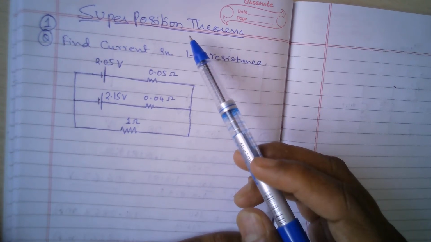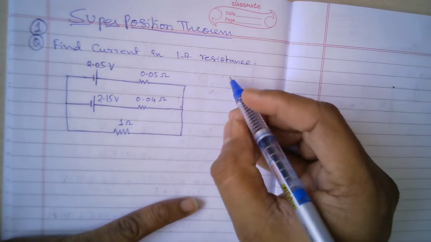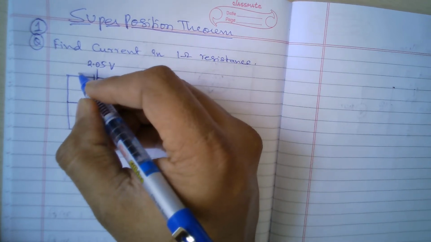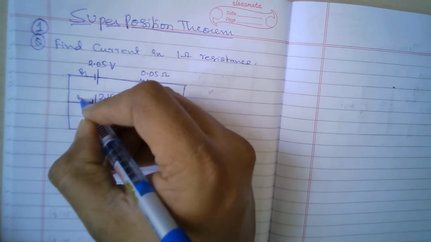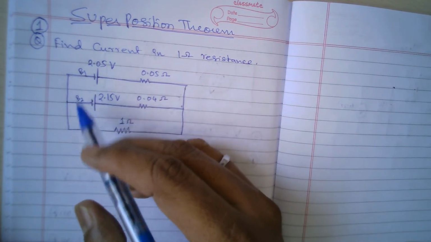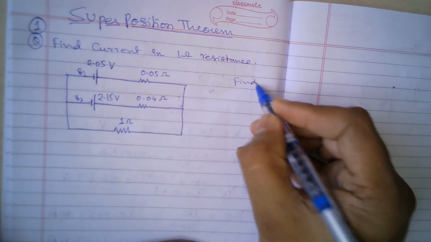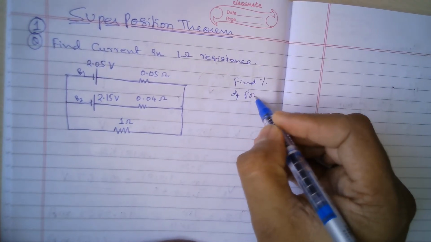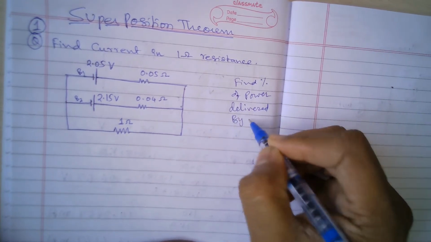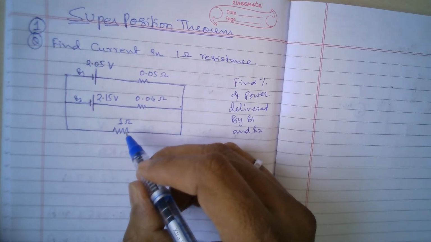Using superposition theorem we can find it. Meanwhile, I will add something to this. Let's call this battery 1, so let's say B1 and B2. For the total power delivered, what is the percentage of power delivered by B1 and B2 to the total load? Find the percentage of power delivered by B1 and B2 to the total load.